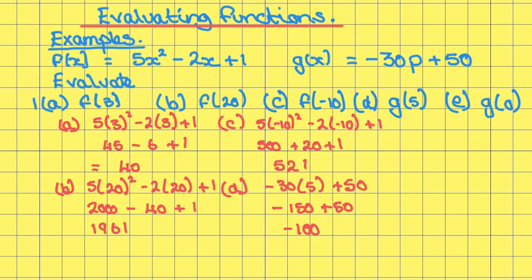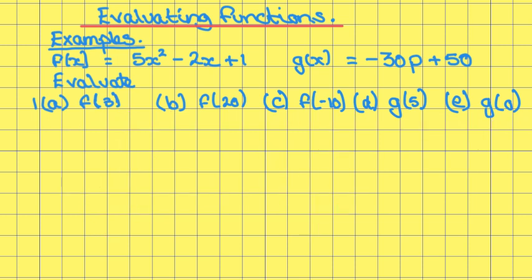And finally, E, we want g(0), so we substitute 0 into g(x), and we get minus 30 times 0 plus 50. Well, that gives us 0 plus 50, which is equal to 50.